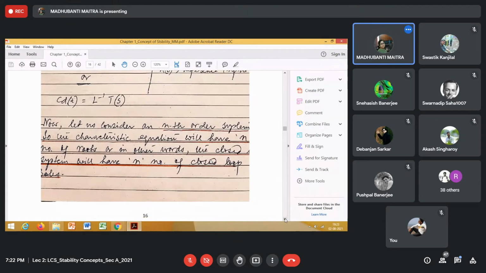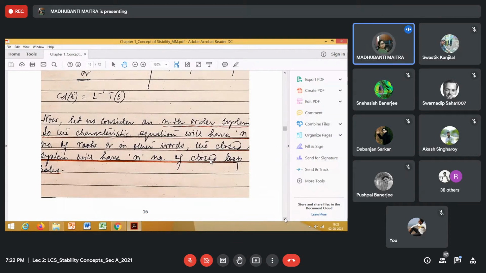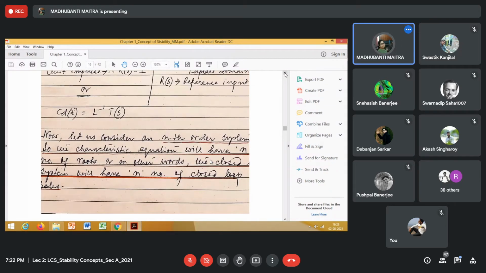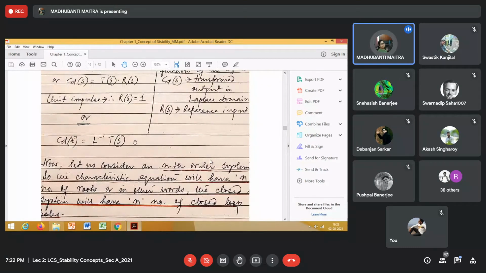Partially correct. So an nth order system means this transfer function TS can be expressed as a ratio of two polynomials which are functions of S. S is the complex frequency. Do you have pen and paper with you?